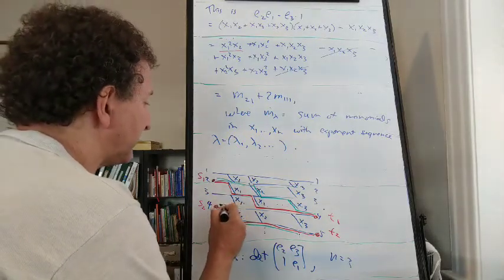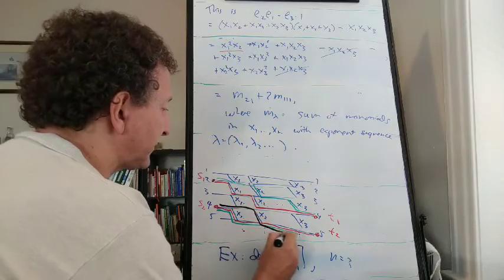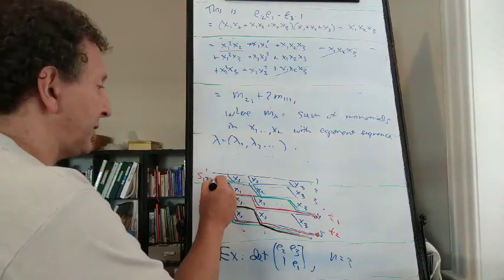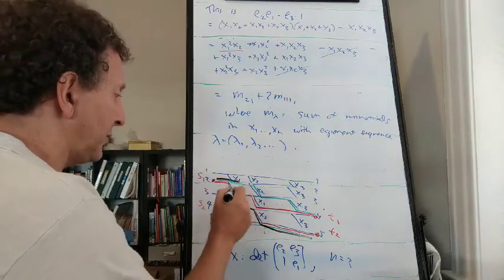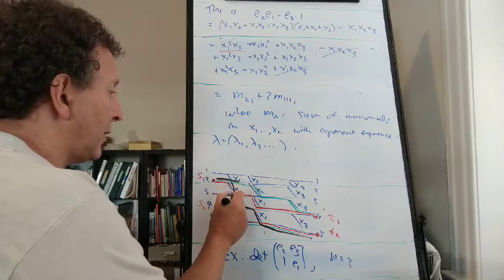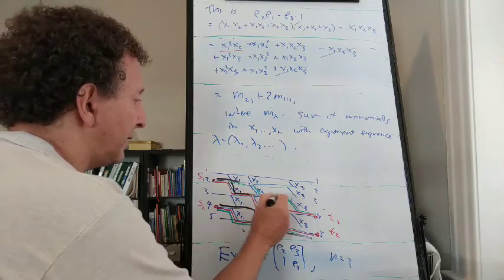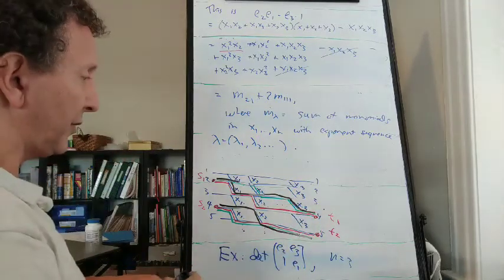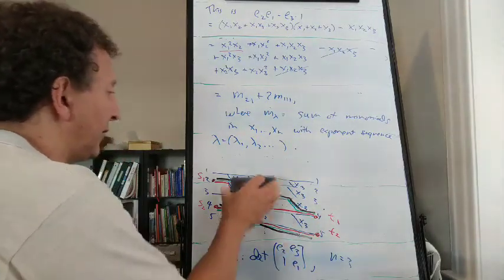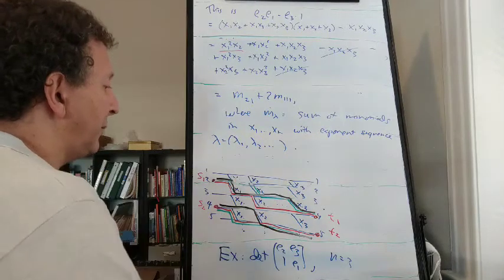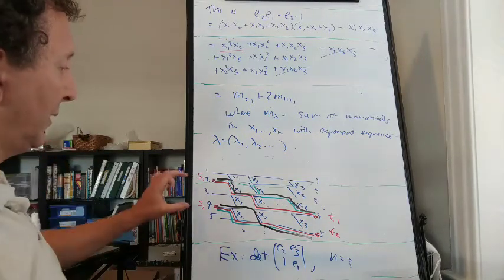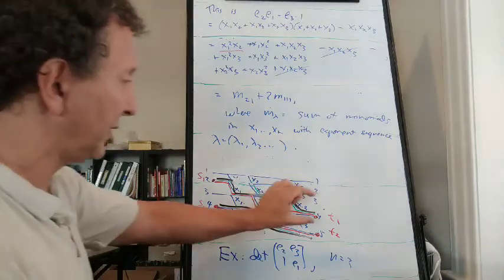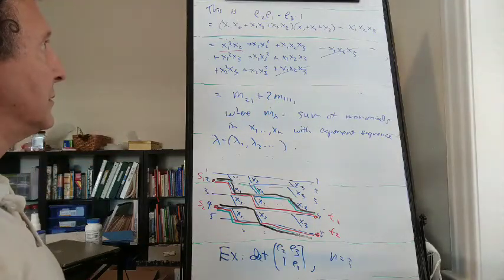So here's another path family of two paths. x1, and then x3. So those are three of the apparently 8 path families that go from sources 1 and 2 to sinks 1 and 2 without touching.